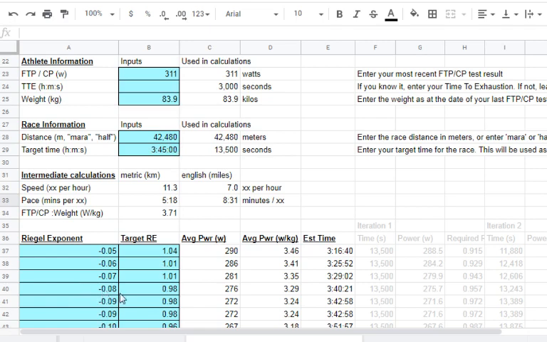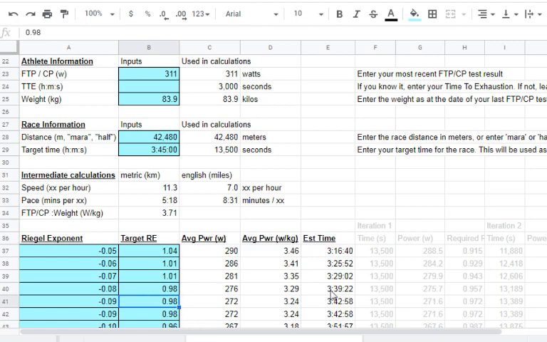He had a Rigel exponent. I'd worked this out, and I actually bracketed it before the race, but found out after the race that minus 0.08 matched the best. He ended up his 340 marathon with a running effectiveness of 0.98. I'm going to go back and change this to 0.98.